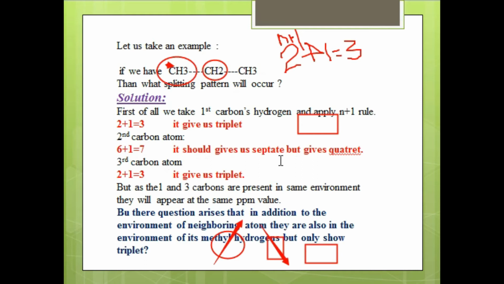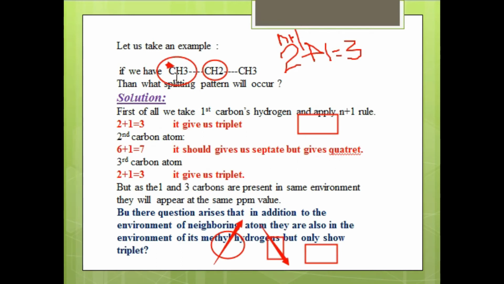But in actual, if we draw a spectrum and see, then we get only a quartet. How is that possible, that we get only a quartet and not a septet? We have already seen that the n plus 1 rule is followed. Then if the n plus 1 rule is followed, it should give us a septet. But it does not happen. It always gives us a quartet.